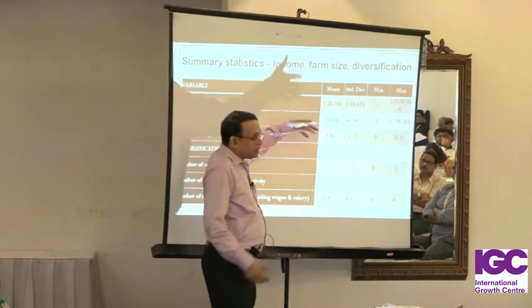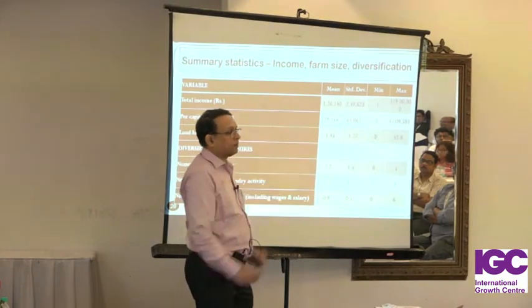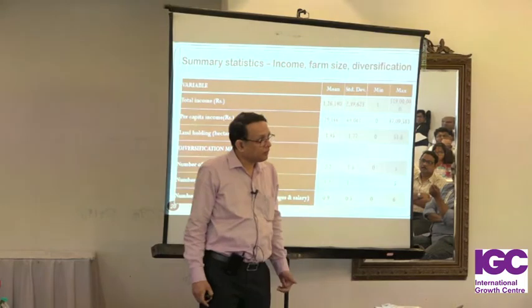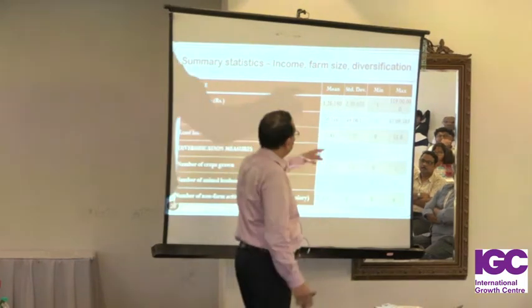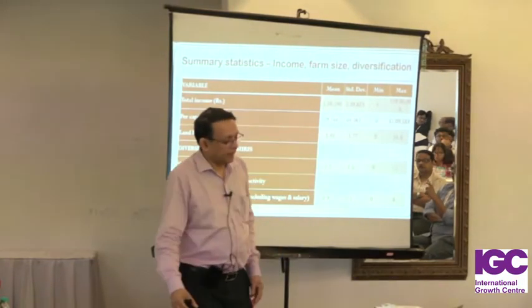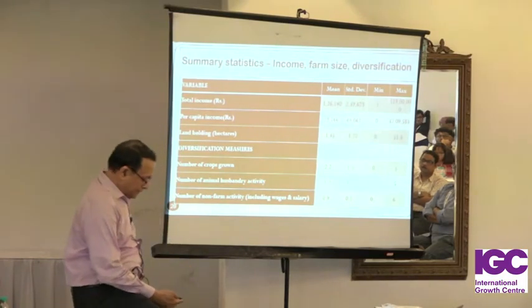Total income, that is basically what we estimated, farm and non-farm income. Yes, all 26,000 of them, their mean annual income.